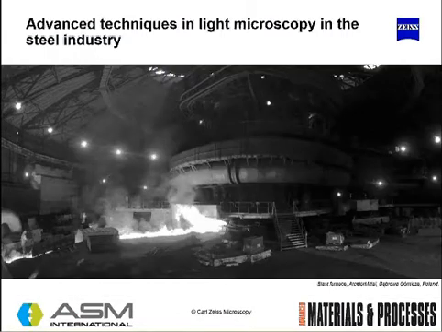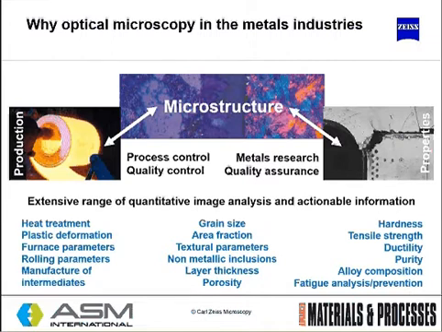So I want to explain the true potential of light microscopy in the steel industry, and although light microscopy is well disseminated for standard analyses, it really does have an extreme power and a huge number of outputs and analyses and uses within the steel value chain.